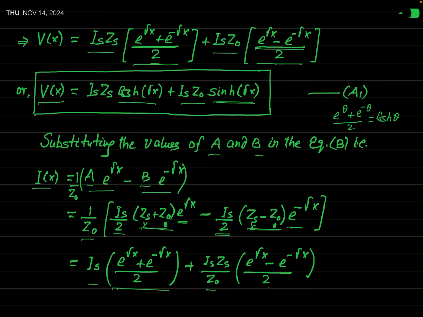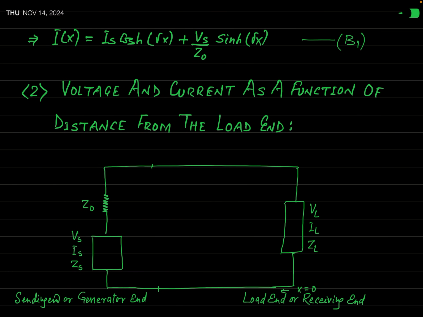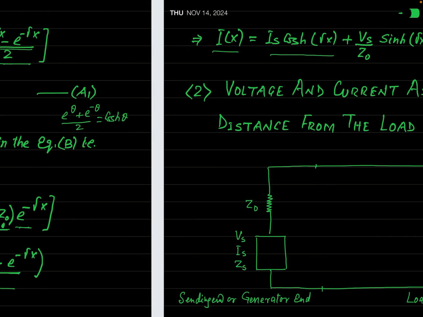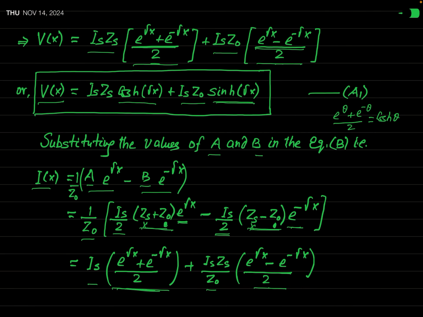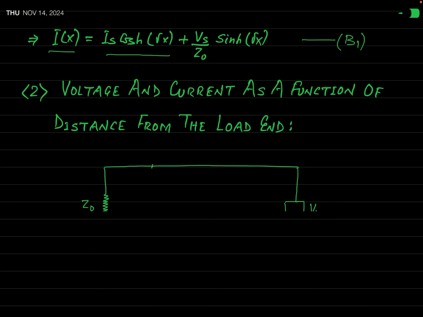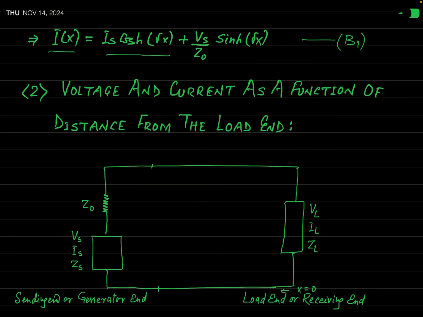Again you can see this is cos hyperbolic gamma x and this is sin hyperbolic gamma x. So in this way you can say that I of x is given as Is times cos hyperbolic gamma x plus, this is Is times Zs, you know, this is equal to Vs, so this will be Vs over Z naught times sin hyperbolic gamma x.